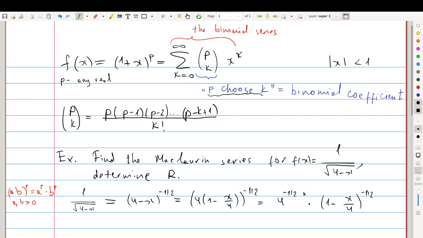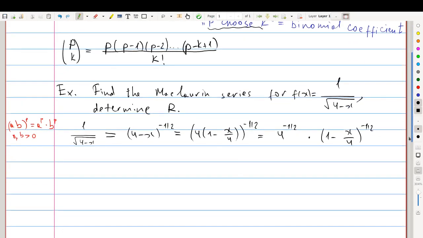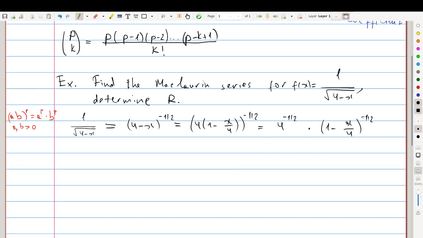And now we can use the binomial series. Indeed, the right-hand side here is equal to 1/2, since 4 to the minus 1/2 is equal to 1/2, multiplied by (1 plus minus x over 4), everything to the minus 1/2.